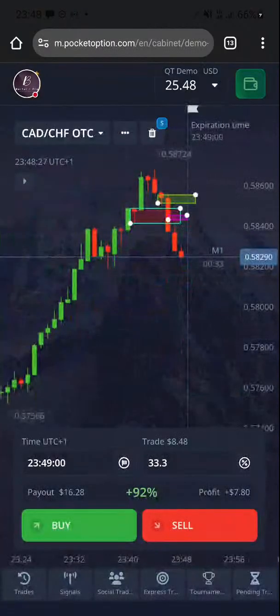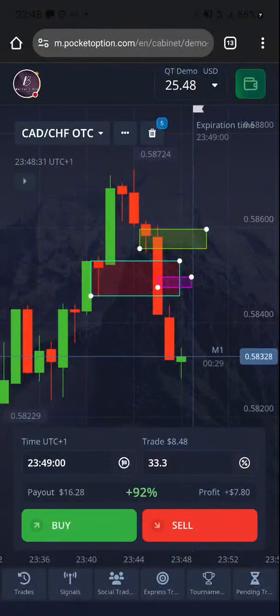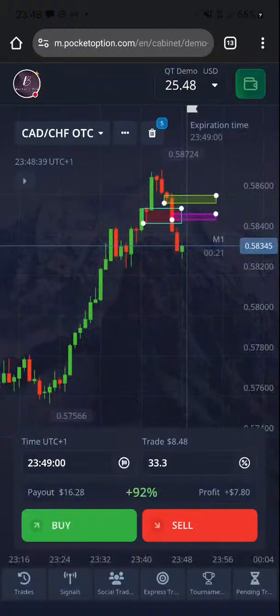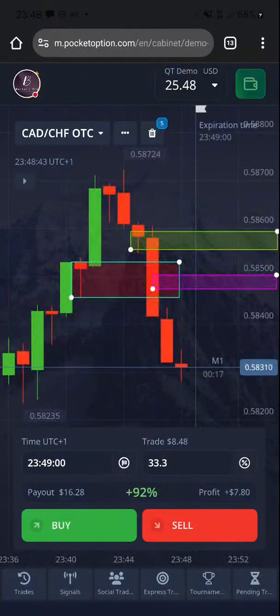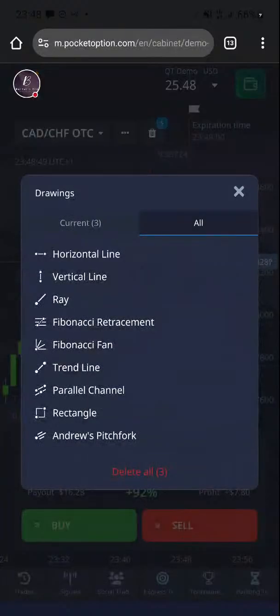If price comes back into this place now, we have an entry. We'll take one here. There's another entry here, but this one is the one we're going to consider taking. This is a momentum. So going against this momentum now is suicidal. There's no need to go against it, even though we have a level here.